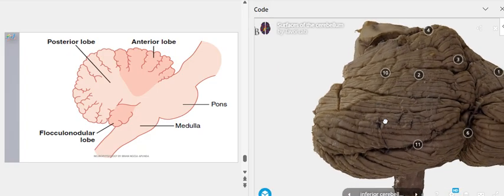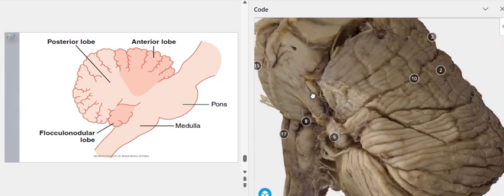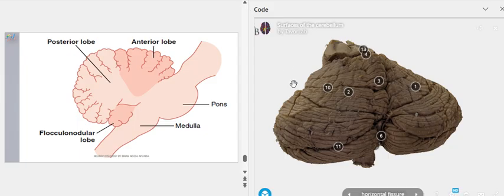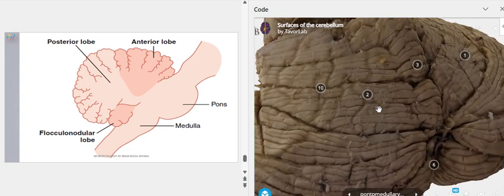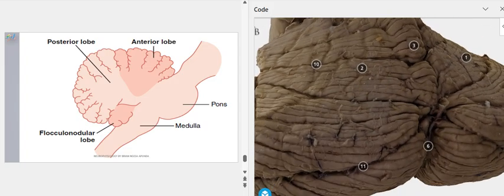The horizontal fissure separates the superior posterior lobe from the inferior posterior lobe, and then we have the posterolateral fissure that separates the flocculonodular lobe from the posterior lobe, specifically that which is inferior.